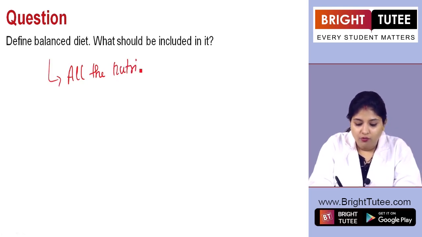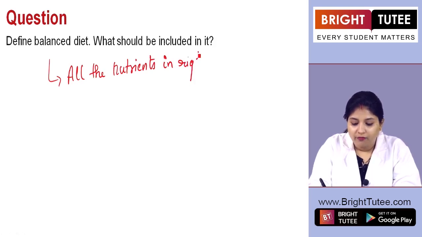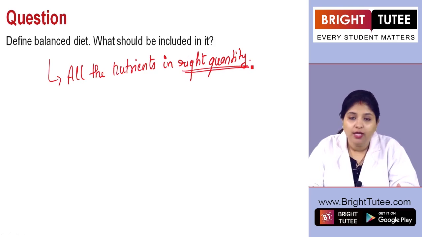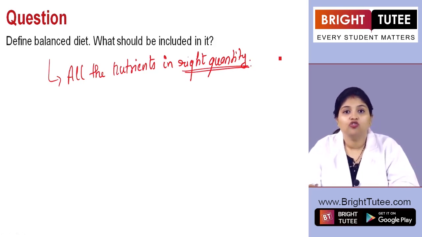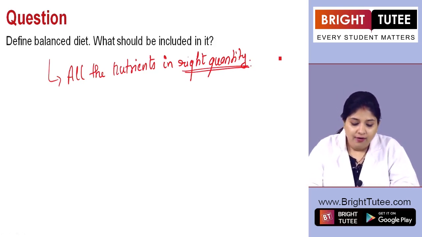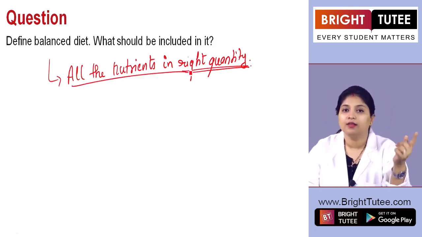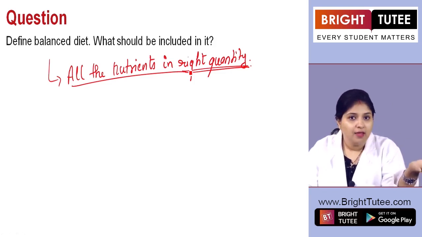Now this is very important, that the quantity of all the nutrients should be right. It should not be more, it should not be less than needed, right? So the diet that contains all the nutrients in the right quantity is known as the balanced diet.